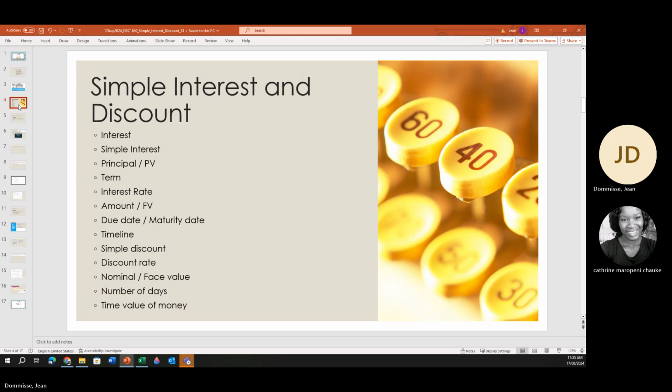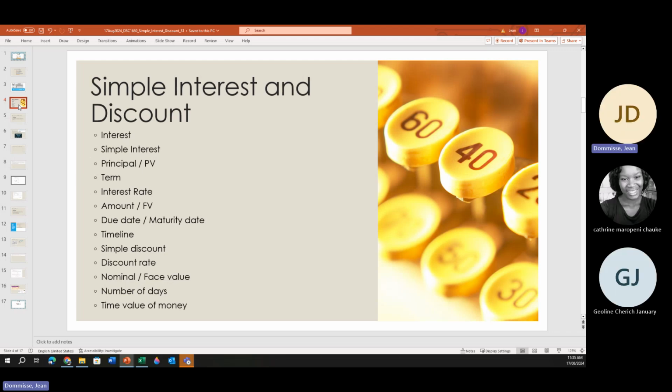So for simple interest and simple discount, we will need to use the formulas. We will not be able to get away from using the formula.